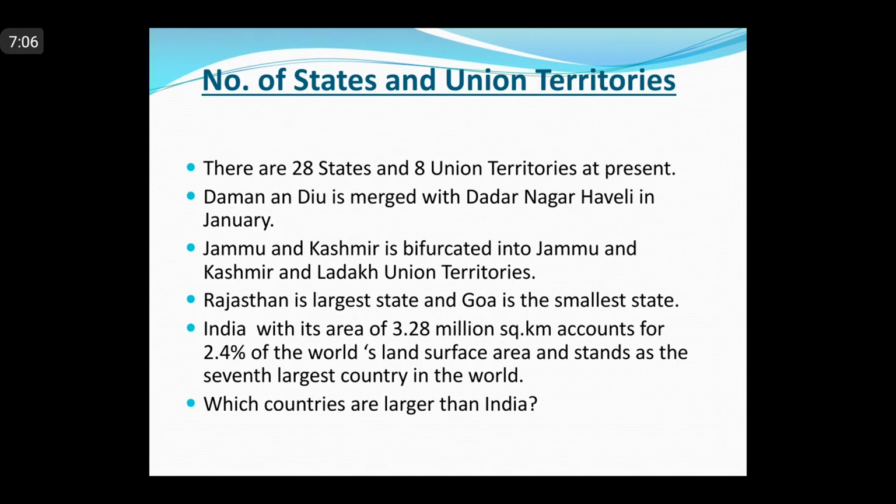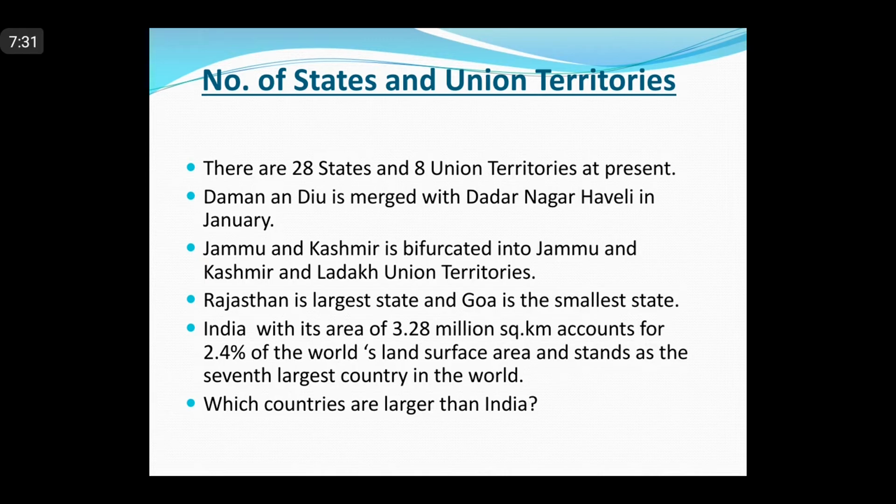One thing I would like to tell you here is that the total area of India is about 3.28 million square kilometers, which is about 2.4% of the total geographical area of the world. You must know about these things, or you must have read it in your junior classes also.